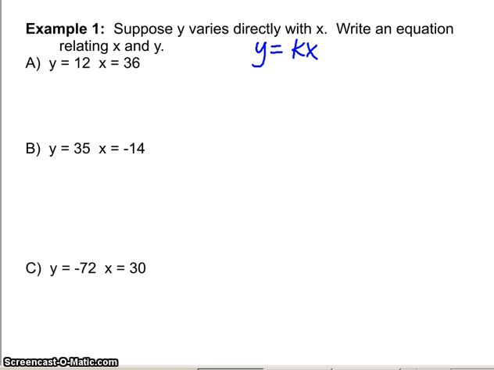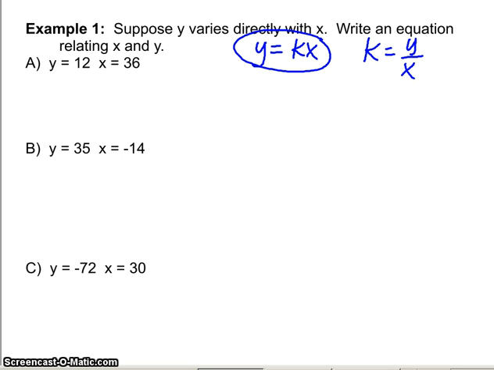And in order to solve for k, you could take your y value and divide it by x. So what I'm looking for you to do here says suppose y varies directly with x. Write an equation relating x and y. So when you write your equation, this is the equation I want you to use.